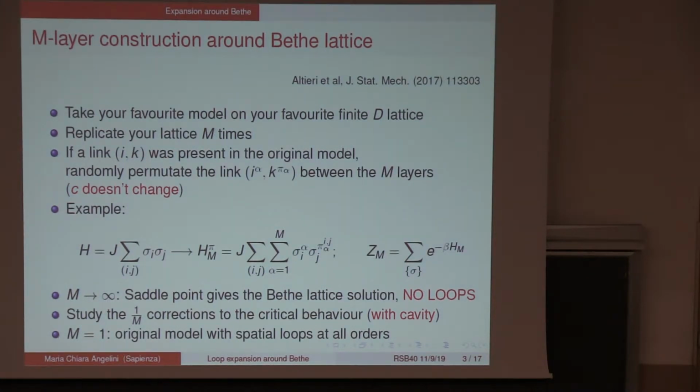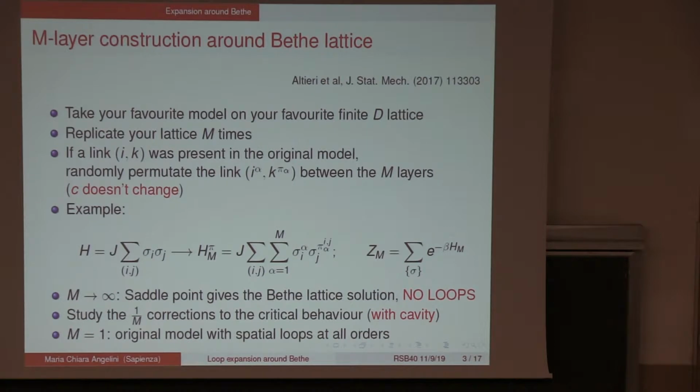In my original model, my two-dimensional model for example, I have spatial loops of all orders and of all lengths, while in the m equal infinity limit, I don't have loops. So the 1 over m expansion around this Bethe lattice will be an expansion in loops.